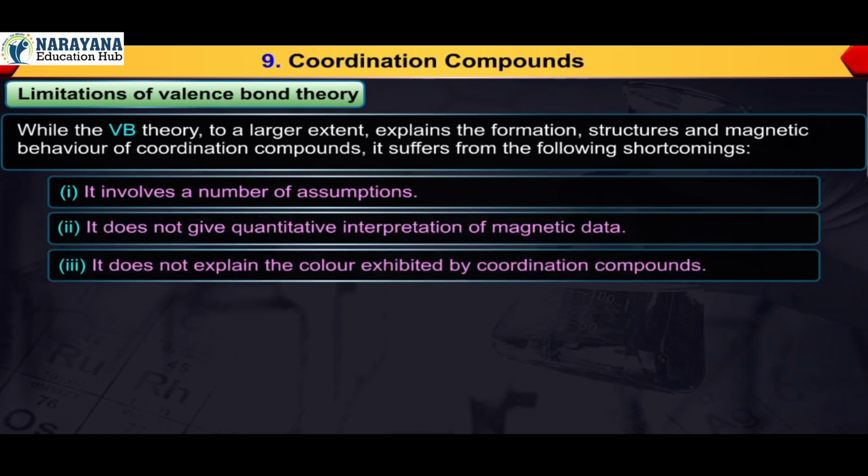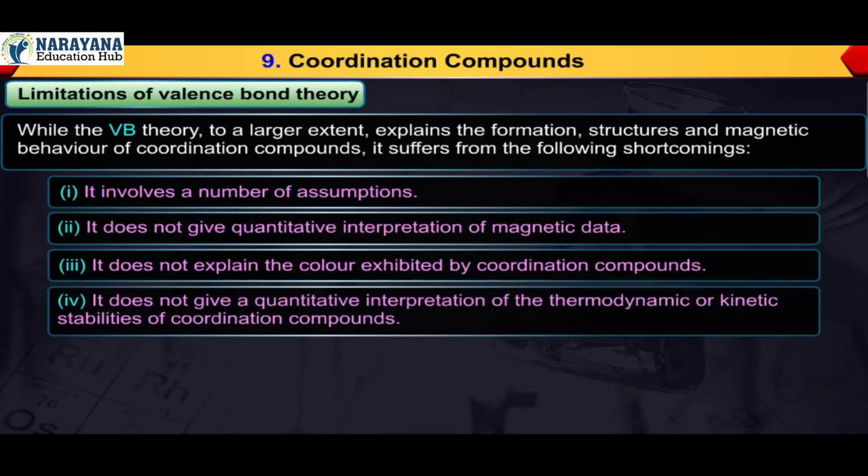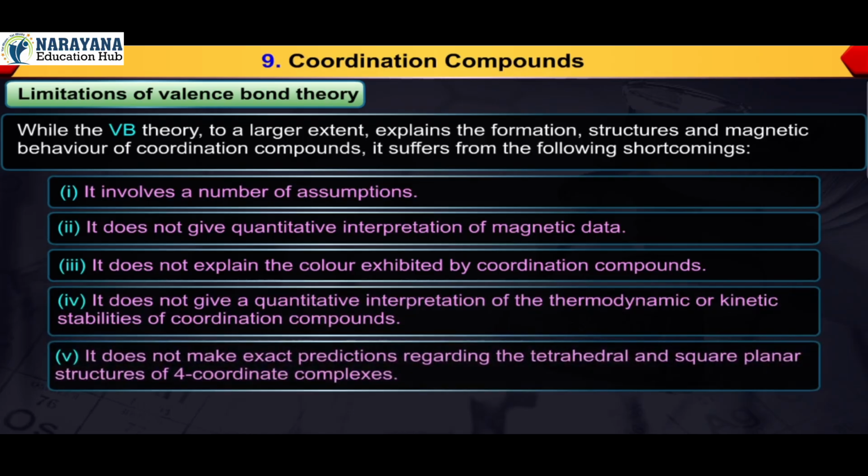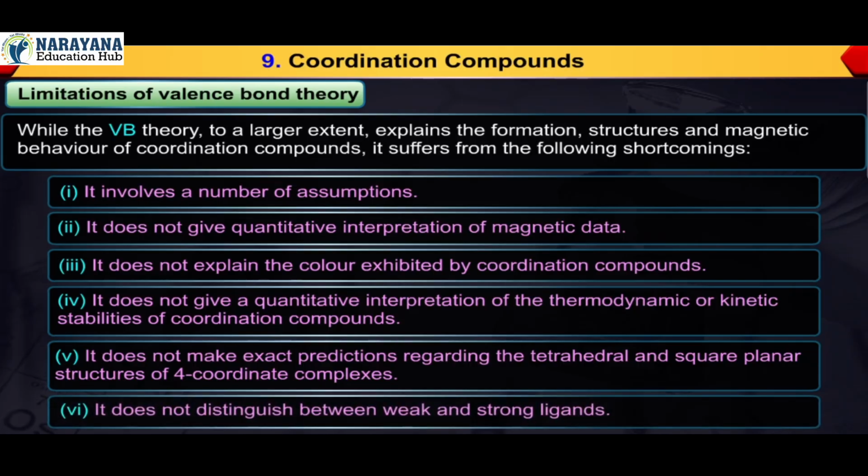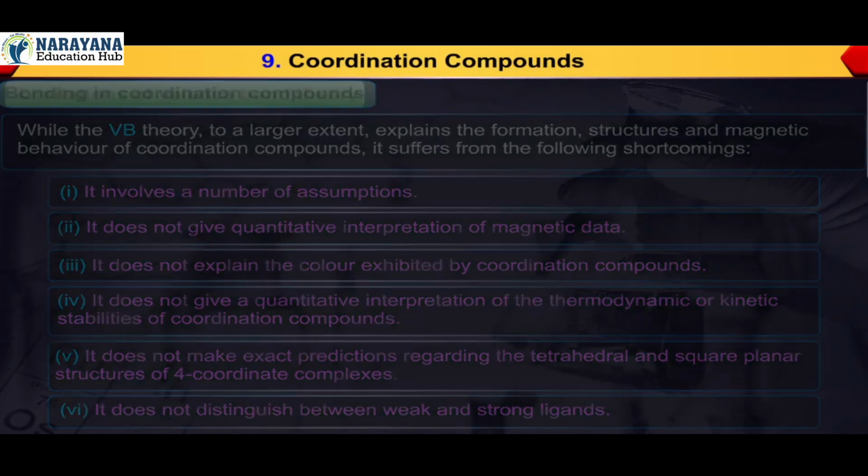It does not explain the color exhibited by coordination compounds. 4. It does not give a quantitative interpretation of the thermodynamic or kinetic stabilities of coordination compounds. 5. It does not make exact predictions regarding the tetrahedral and square planar structures of 4-coordinate complexes. 6. It does not distinguish between weak and strong ligands.